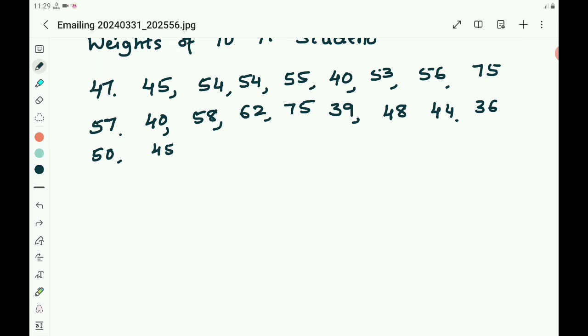Here we have to find the minimum and maximum. What is the minimum weight?